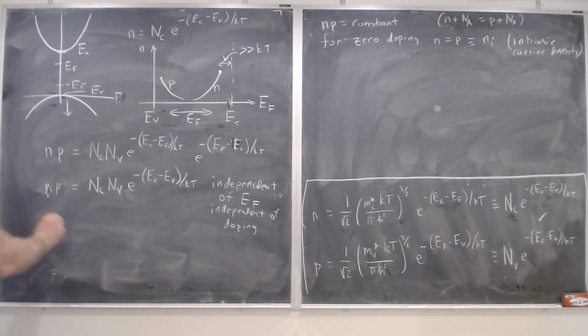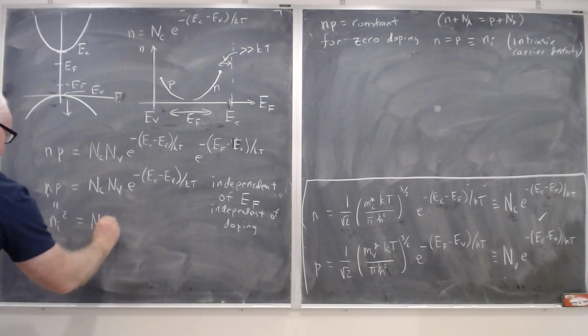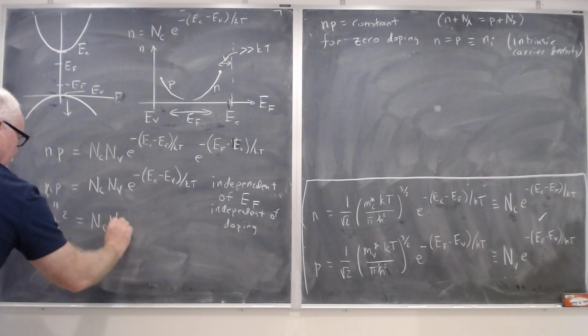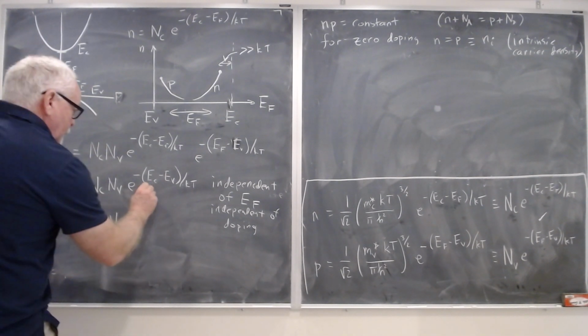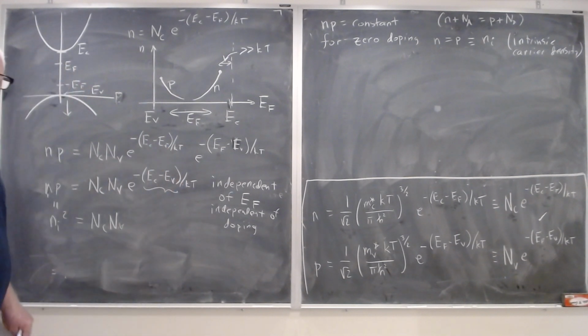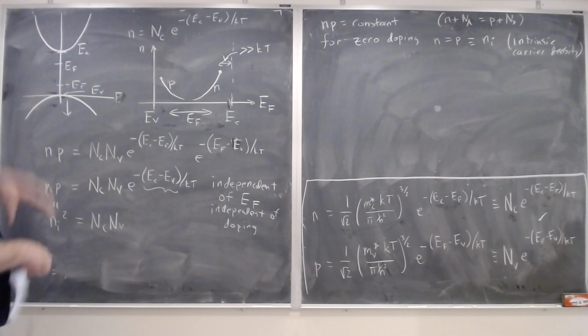So this is equal to Ni squared. Ni squared is Nc Nv times e to the negative E gap over kT, where the exponent is Ec minus Ev, that's the gap.